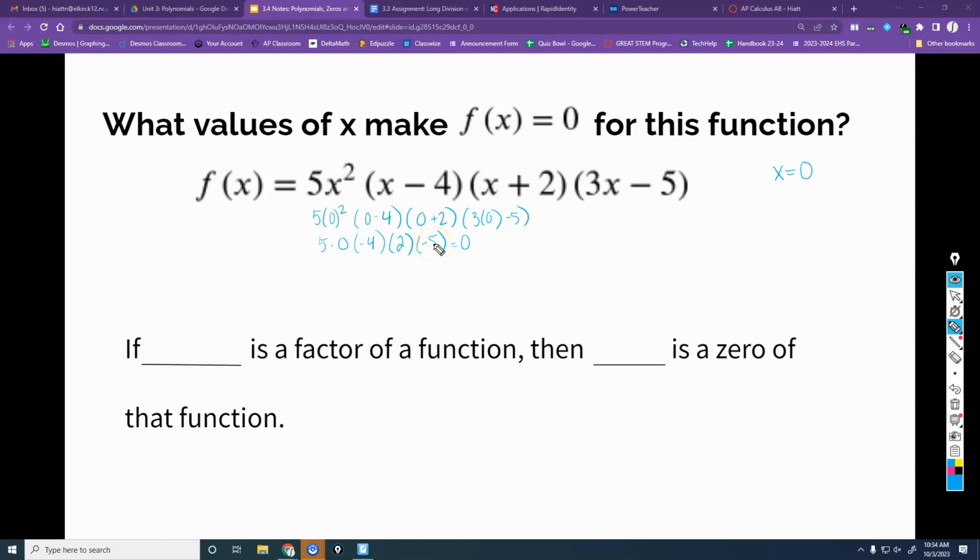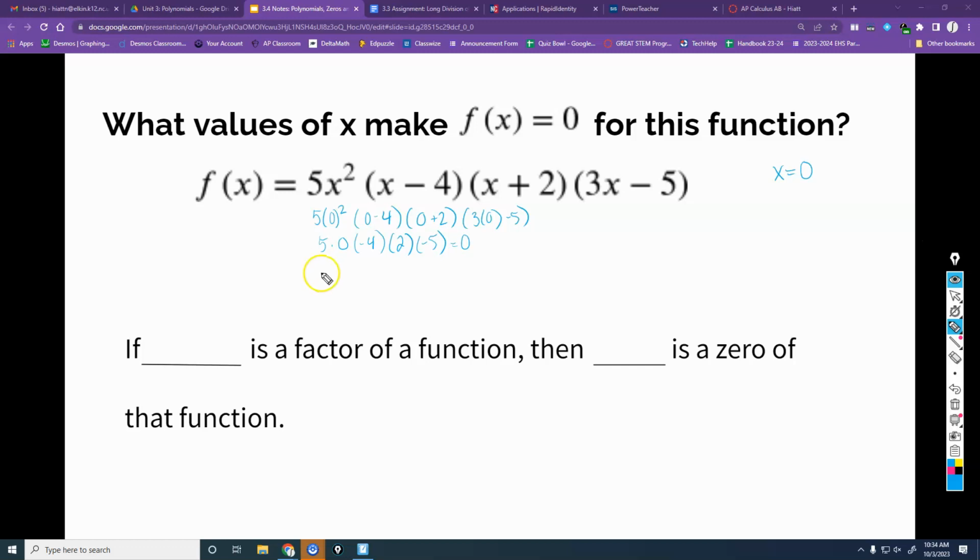There's 0 in it, right? So, if any part of that that's multiplied together equals 0, everything's going to be 0, right? So, you don't really have to look at the whole thing. You need to look at each little piece. Give me another number that would make a piece of this 0.